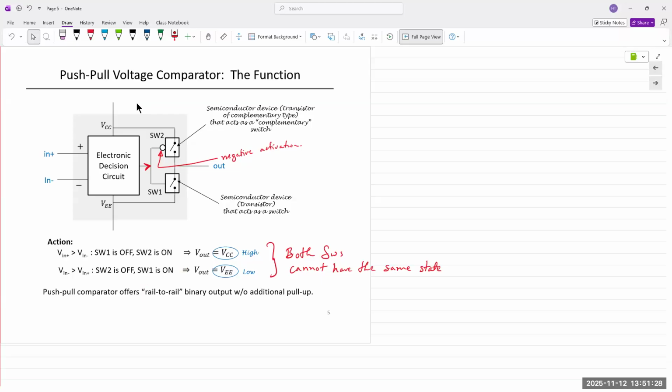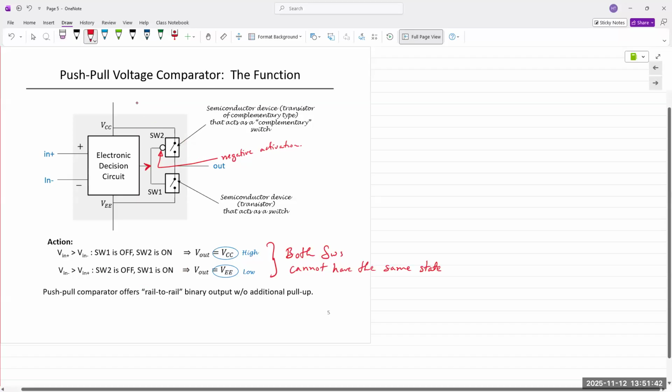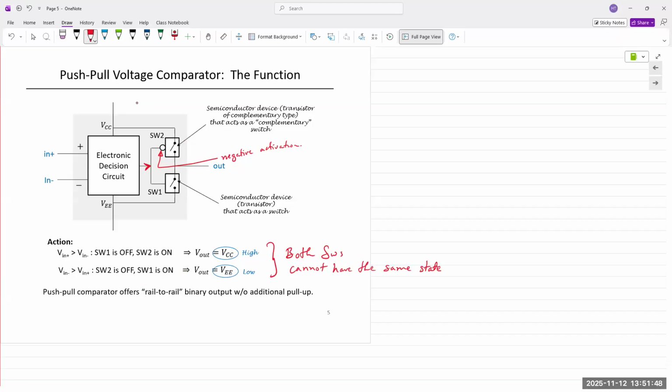When positive input is higher than negative input, the output goes high, meaning this output right here.